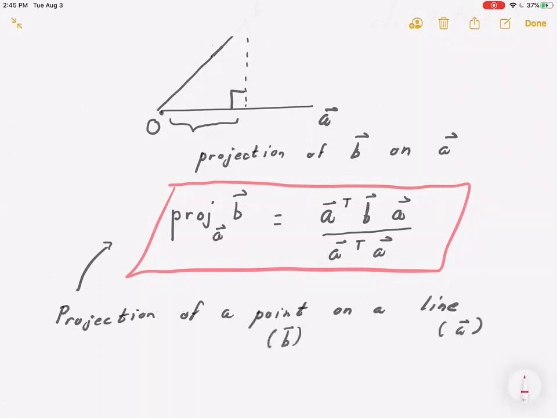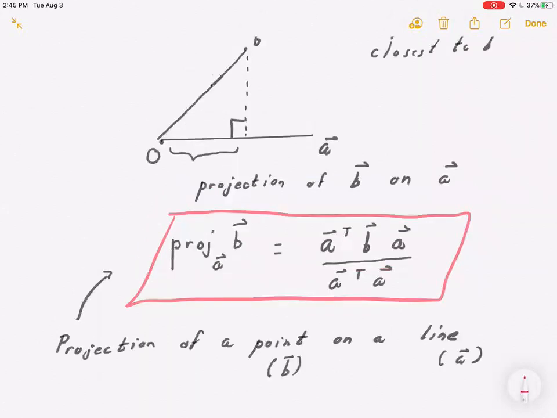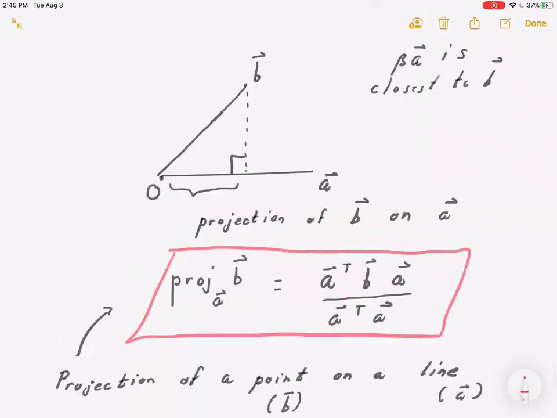Now, you may ask, okay, this expression looks complicated, but why do you need it? Well, if you give me this vector A and this vector B and ask for the projection of B onto A, then what you really want is this distance in red. And you could take a ruler and measure it.